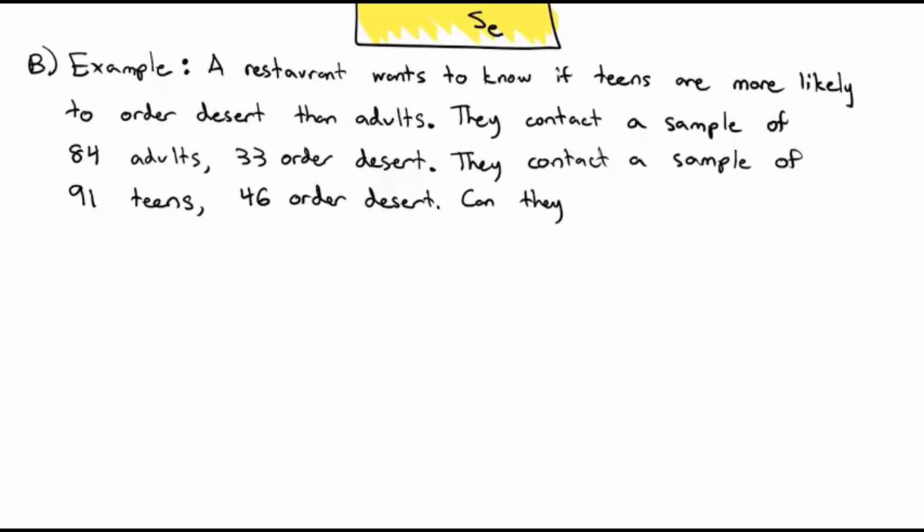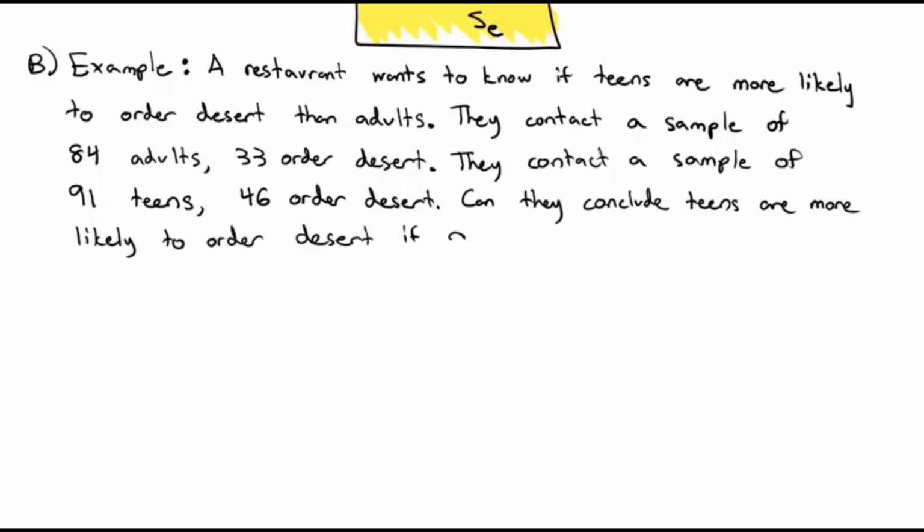Can they conclude teens are more likely to order dessert if our alpha level equals 0.10?